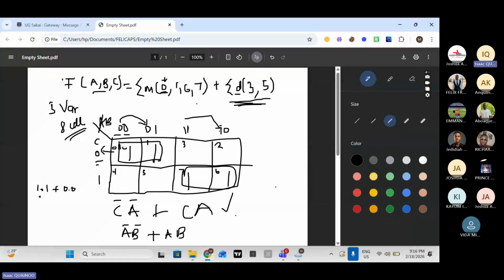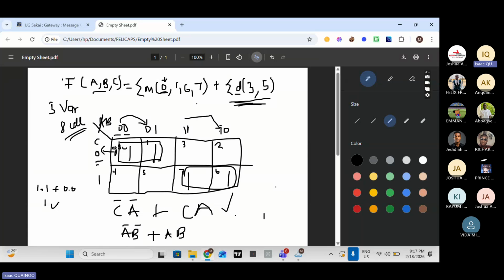So we have 1 and 1 returns a 1, right? As the first output. So the first output for the first F value for this K-map is 1, and for our other K-map is also 1.